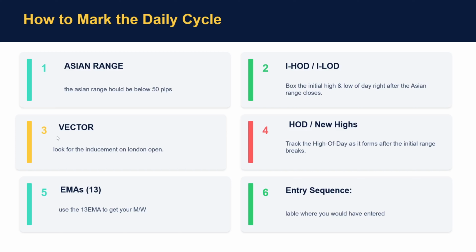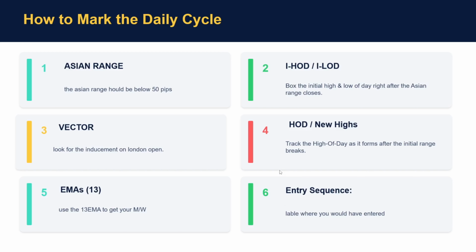Also look for the vector, the inducement of price on the London opening. Also look for the new high of the day or the low of the day. Also look how the candles interact with the 13 EMA to get your M or W pattern, and then you label where you would have taken your entries.